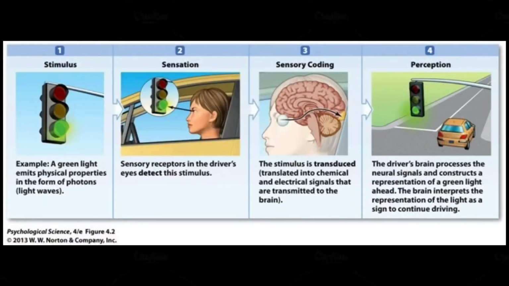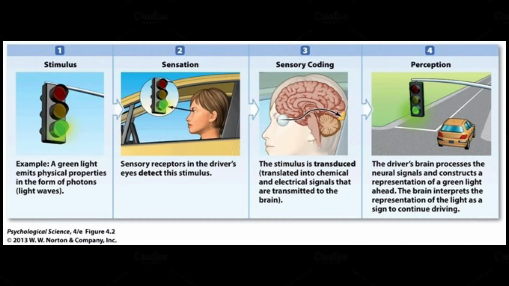Let us look at a few examples of the sensory process, which involves seeing, tasting, and smelling. Now, the sensory process involves stimulus, sensation, sensory coding, which is then followed by the resulting perception. This image shows the sensory process in seeing. First, the stimulus takes effect as a green light emits physical properties in the form of photons, which are light waves.